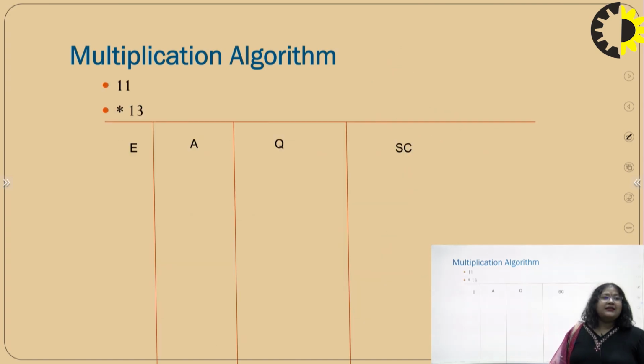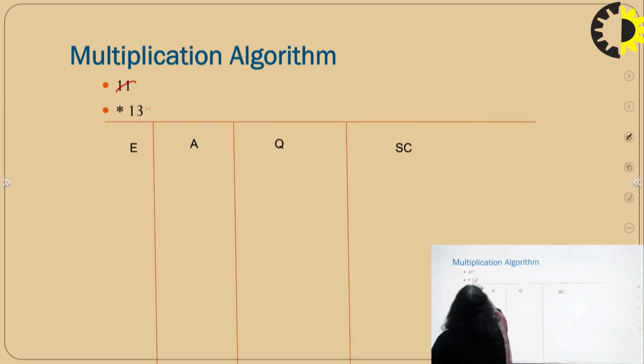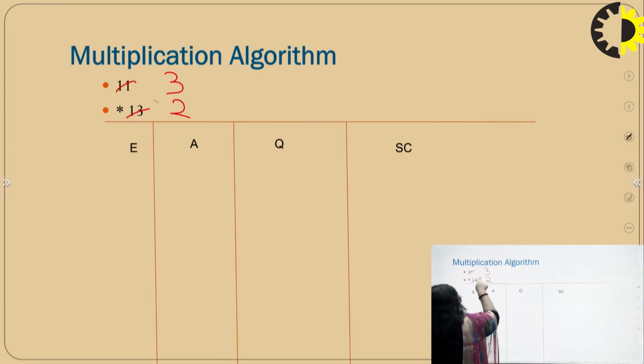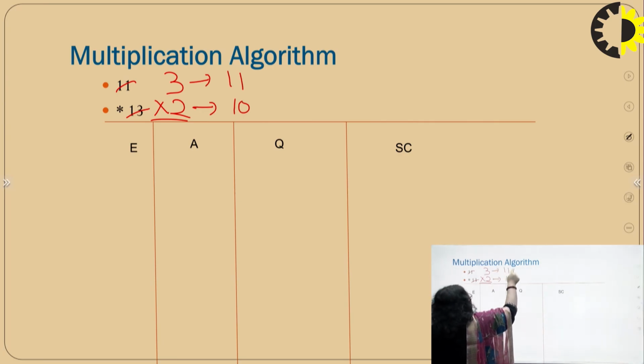Now, let us take an example, 3 multiplied by 2 that I took previously. First we define the numbers, it is 1 1 and 1 0.